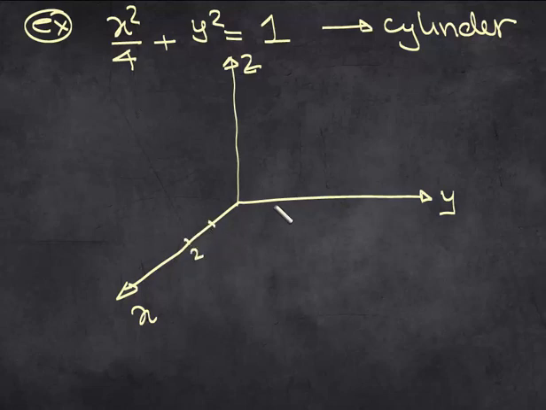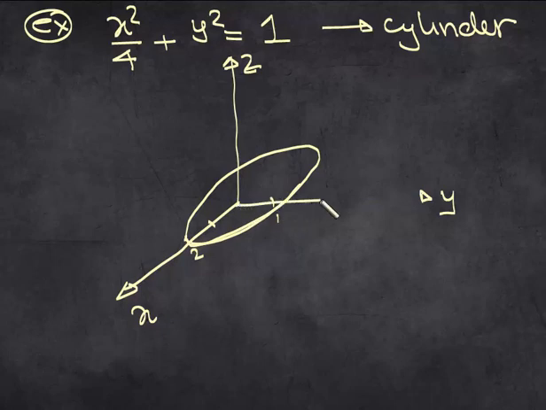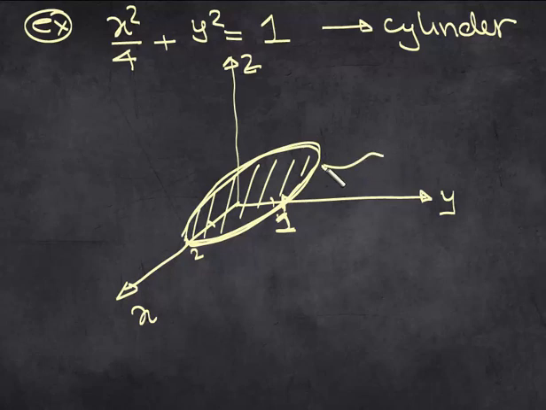So this is 2 and this is 1. So it's an ellipse that looks like this. This is my trace.